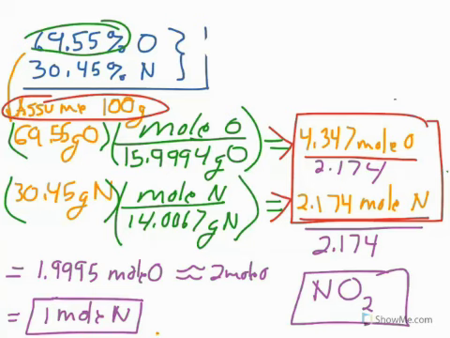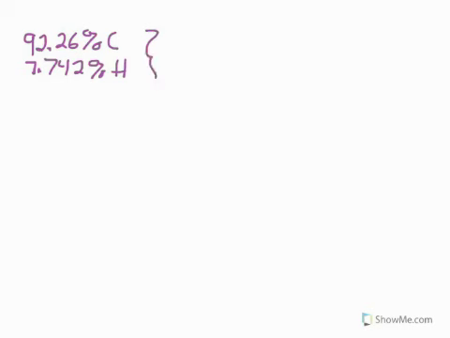Now we'll do another one with empirical and molecular. Let's take this compound. It's 92.26% carbon and 7.742% hydrogen. And we're going to give you another piece of information.